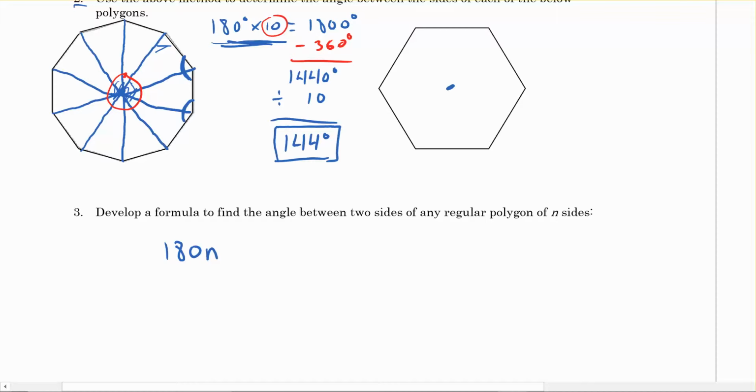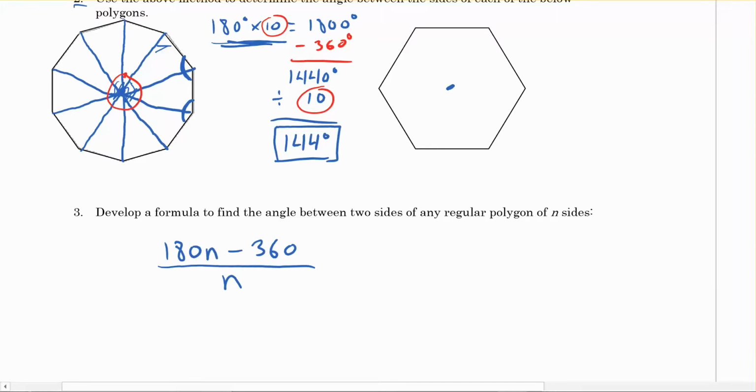Then step number 2 was we went minus 360. So I'm just going to put that down. And then the last step was just dividing by n. So there you go. That's our formula.